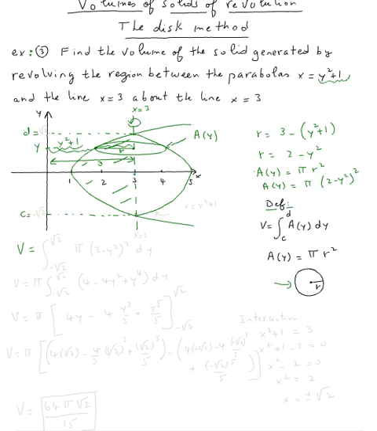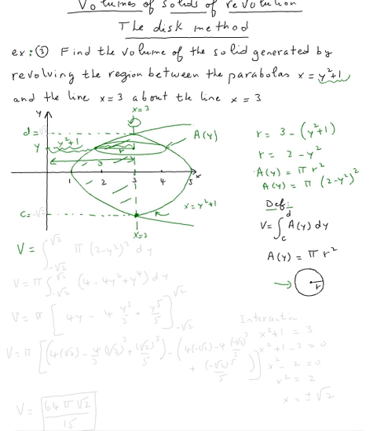So we need to find those numbers. Those y values come from the intersections of x equal 3 and our graph, x equal y squared plus 1.